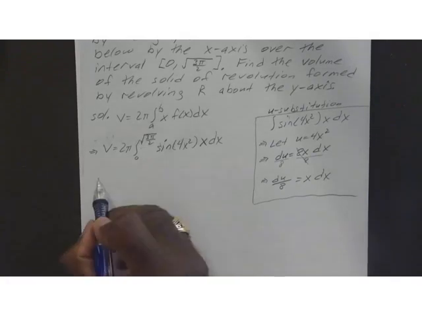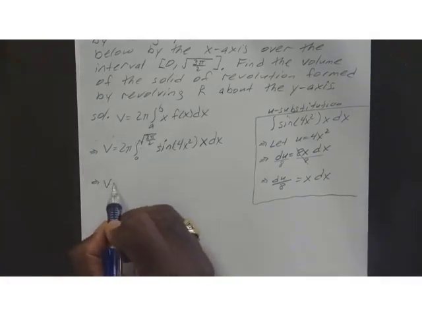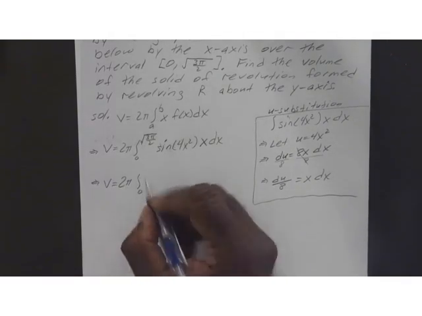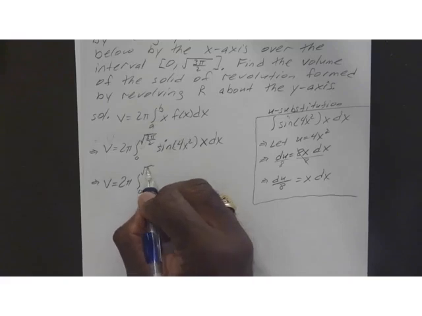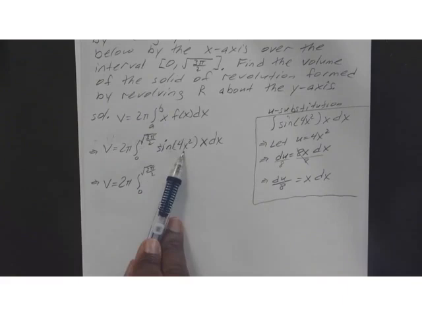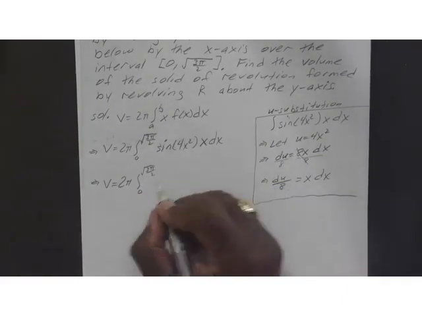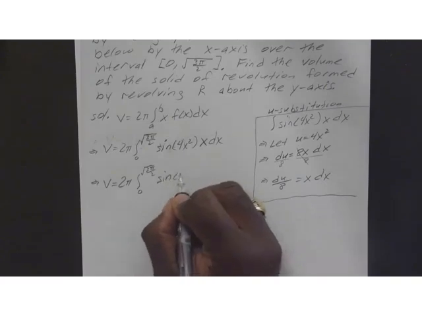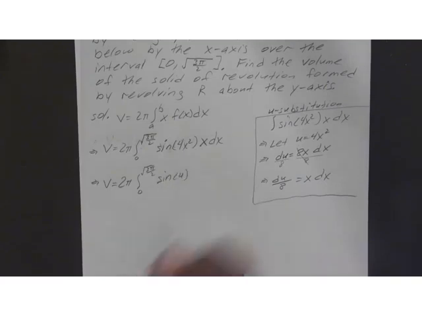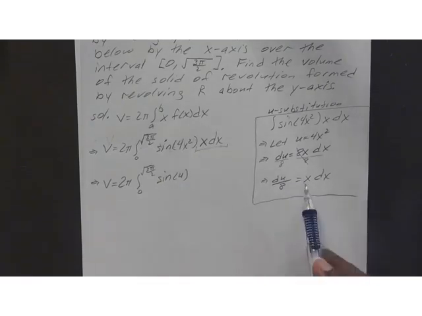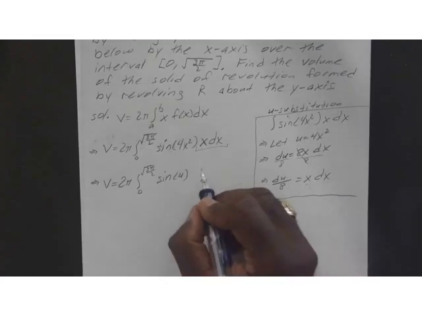Okay, so we can rewrite this as our volume is equal to 2 pi times the integral from 0 to the square root of 3 pi over 2. Since our u is equal to 4x squared, we just replace that and make it sine of u. And our x dx, well, we know that's equal to du over 8.